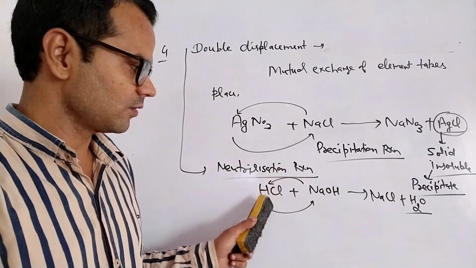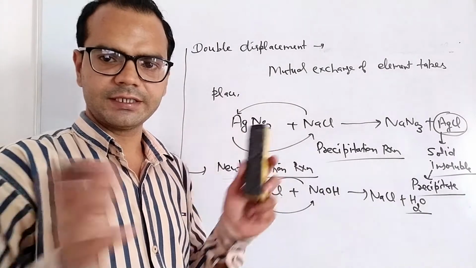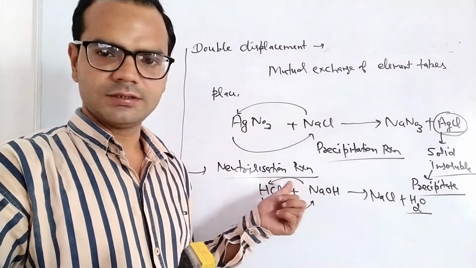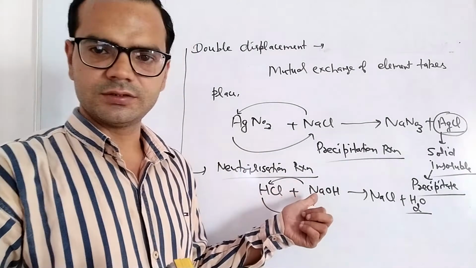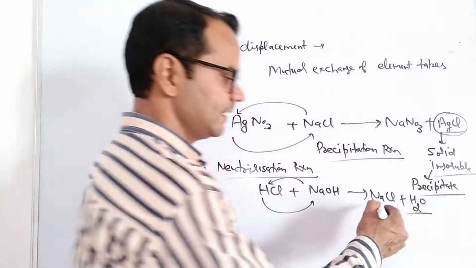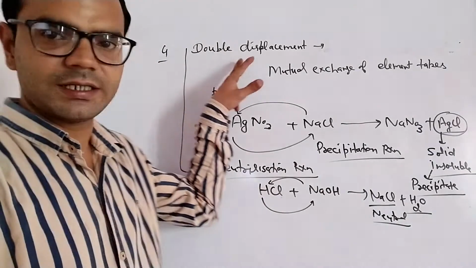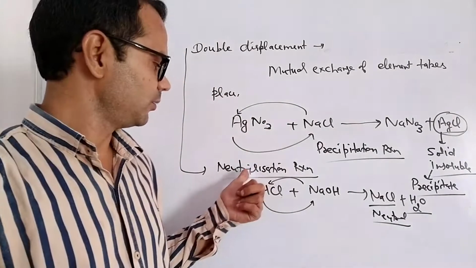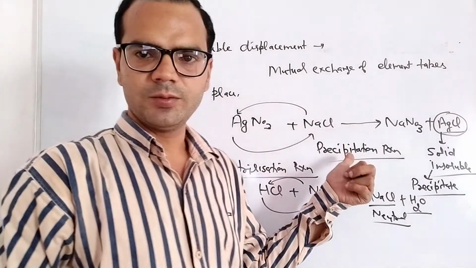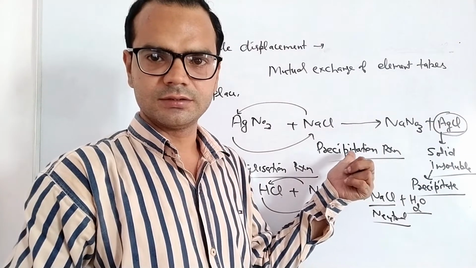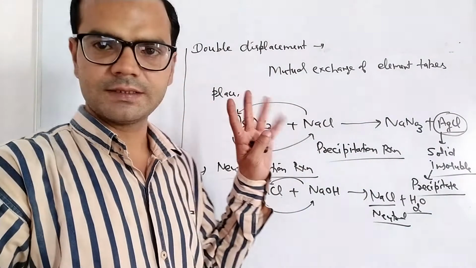Now, this is a strong acid and a strong base. They interact with each other to neutralize the effect of each other to give a neutral product. Now, NaCl is here, neutral. So, double displacement reactions are of two types: neutralization reaction and precipitation reaction. So, these are the four basic reactions.